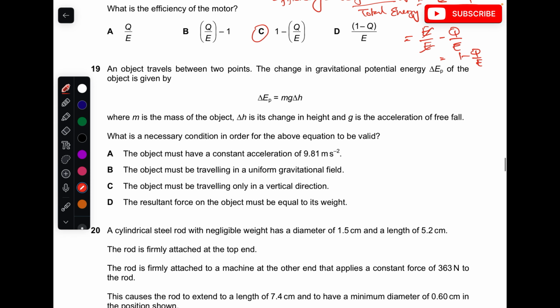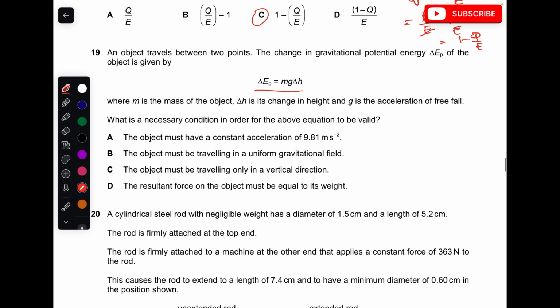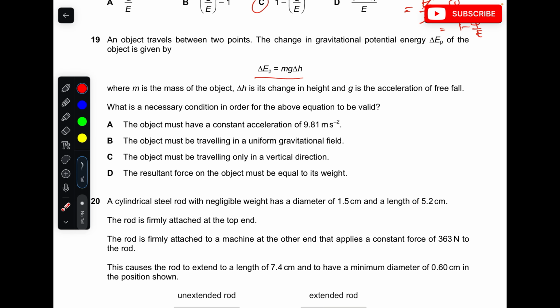In question 19, an object traveled between 2 points. The change in the gravitational potential energy delta E P of the object is given by this equation, where m is the mass, delta h is the change in the height, g is the acceleration. What is the necessary condition for the above equation to be valid? Okay, A: the object must have a constant acceleration of 9.81.